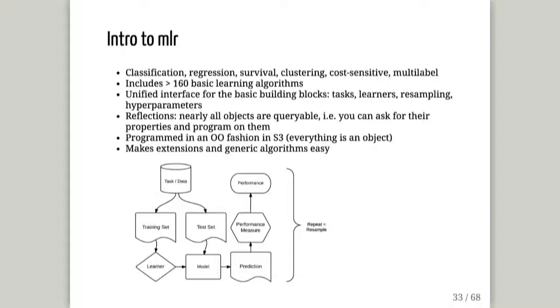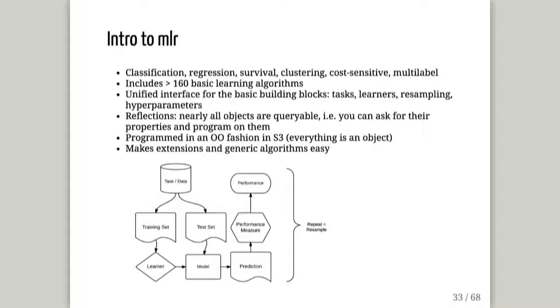Learning algorithms are objects, and these objects contain meta information that you can query, you can work on, and for OpenML specifically, you can upload. So we know what goes on inside of these algorithms. We know lots of meta information about parameters and properties, and that, I would argue, goes hand in hand with OpenML, where you want to auto-extract this information and upload it to the server. The third component is resampling, so cross-validation splits, also objects, and hyperparameters.